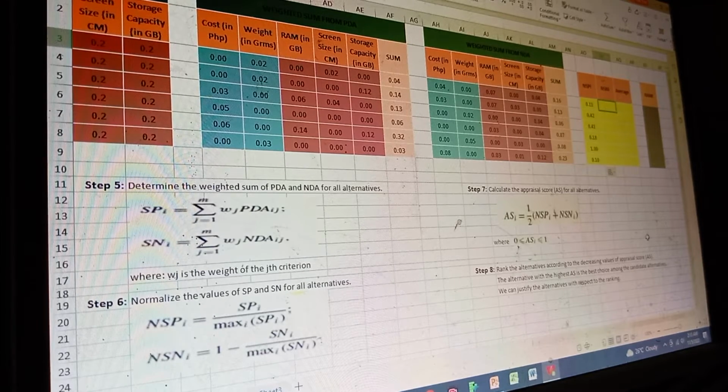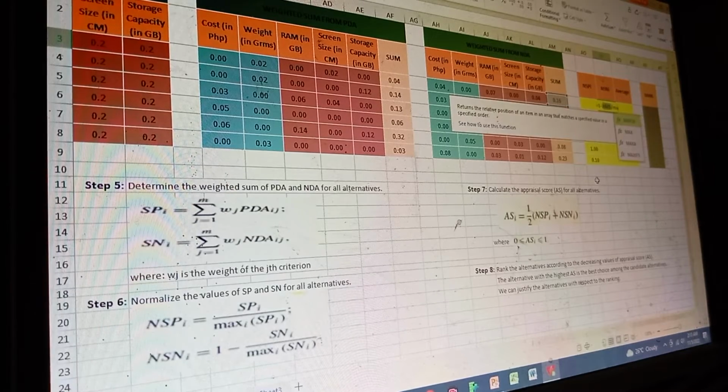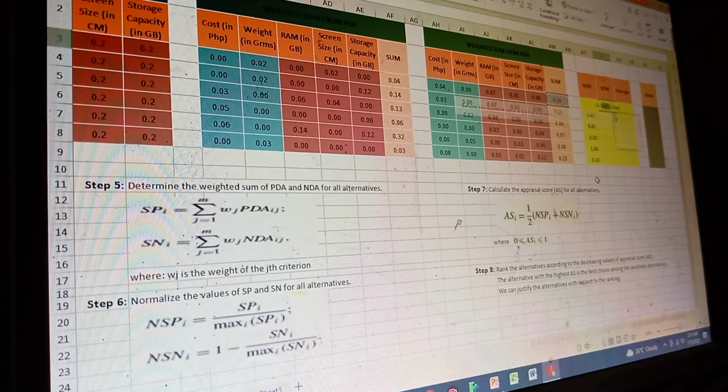Okay, for the negative, SN is equal to 1 minus the negative, this one, over max, so max negative up to here.